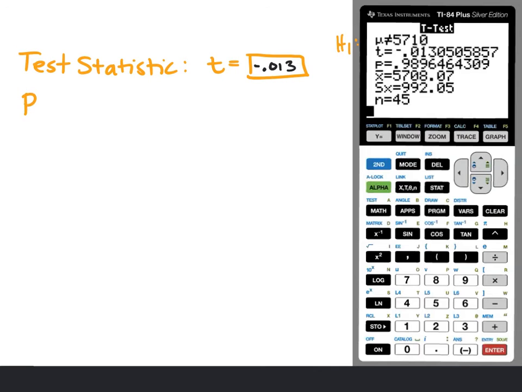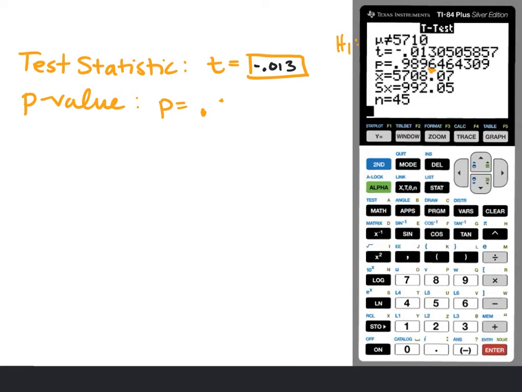Then we get our p-value. That's the really important one, what we're going to be using for our analysis. And that p-value, I'm going to go to 3 decimal places. This one rounds, interestingly, because that 6 is going to take that 9 to a 10. Or the way I like to think about it is that 6 is going to round that 89 to a 90.